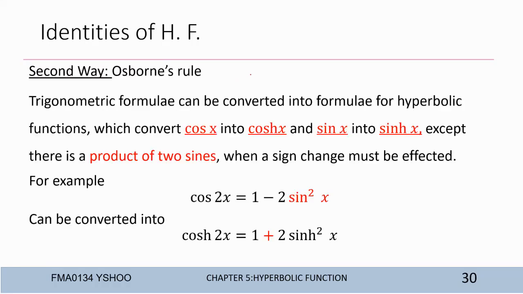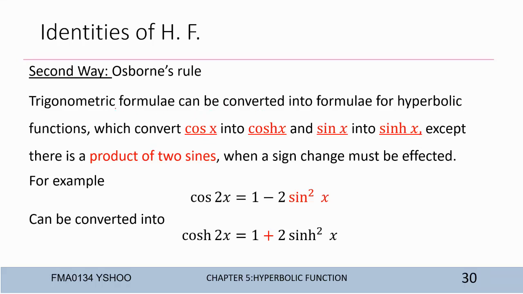Same thing. Then the second one, we call it Osborn's rule. Osborn's rule says this is a lot easier method, in which we are not using the definition of exponential.